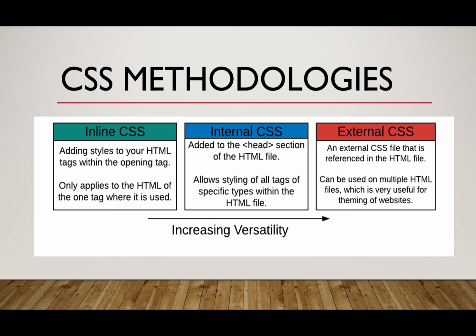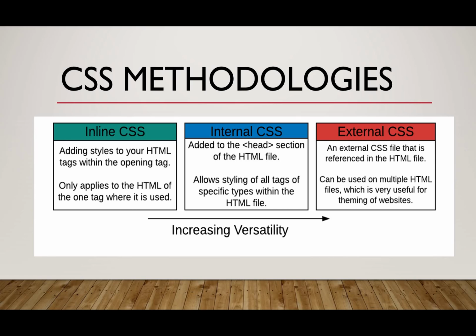You reference a separate CSS file and call it in your HTML file, which is really nice when you want to use that same CSS file in multiple web pages. This allows you to keep themes and layouts similar throughout all of your web pages without having to do it every single time. So obviously that's pretty awesome.